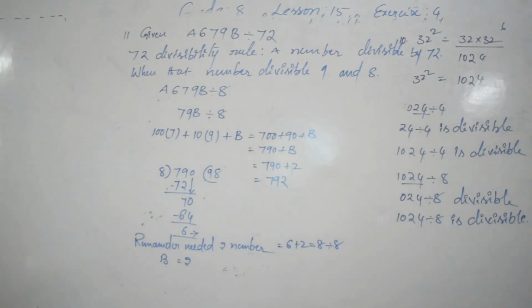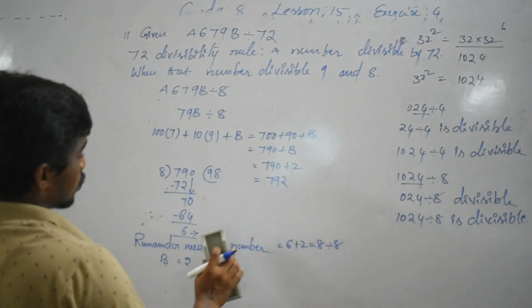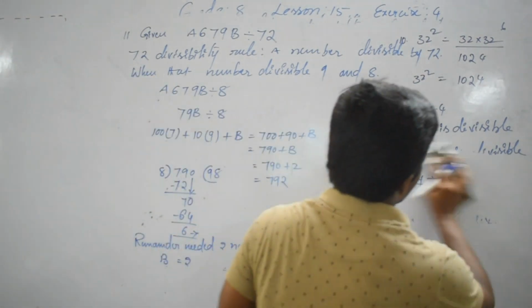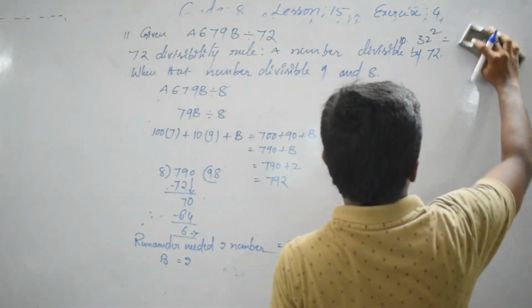Now the A value. What is the 9 divisibility rule?